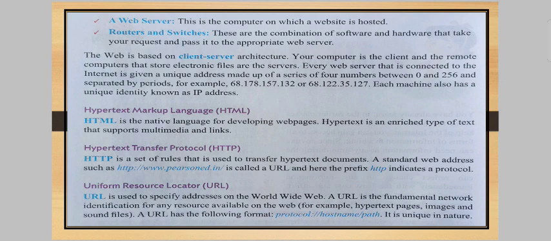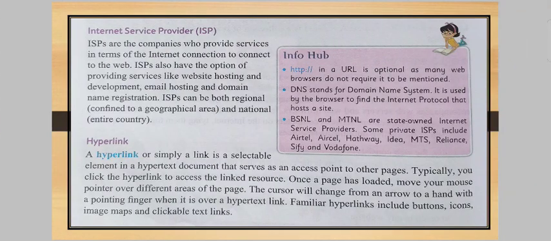Next is internet service provider. ISPs are the companies who provide internet connection services to connect to web pages. ISPs also have the option of providing services like website hosting and development, email hosting, and domain name registration. ISPs can be both regional and national.